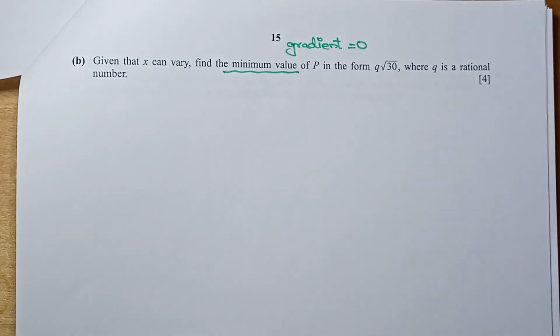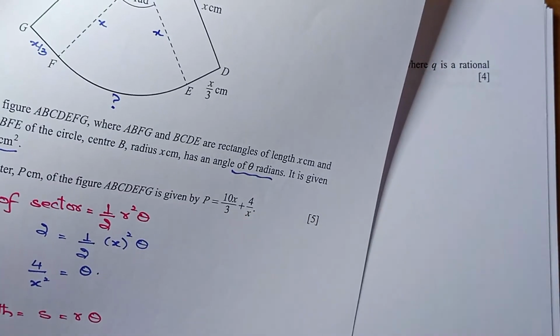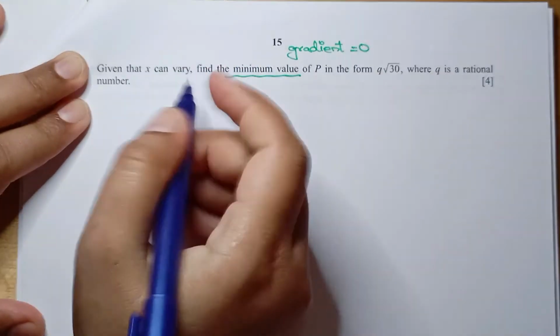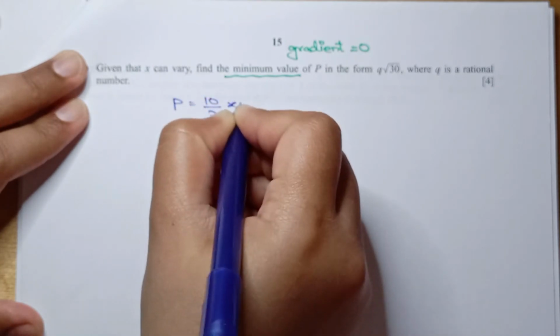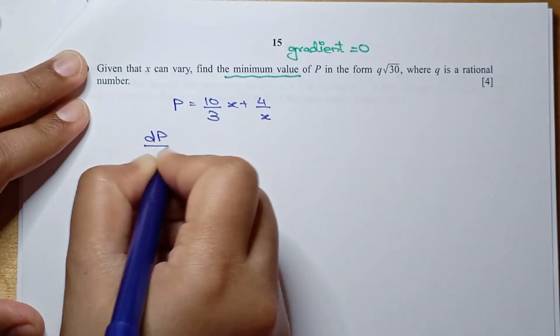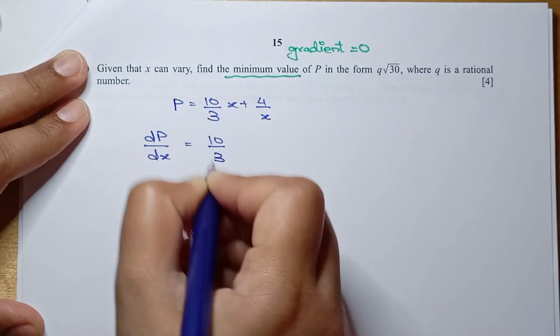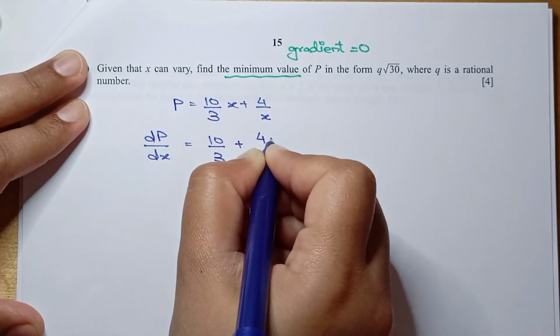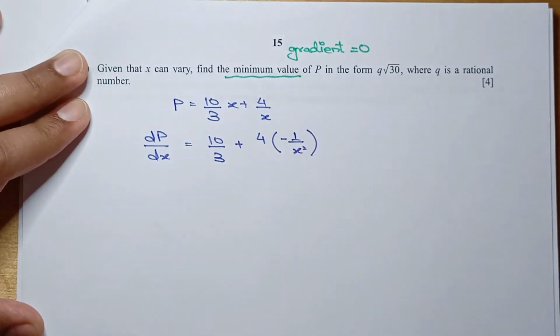So the value for p is 10 by 3 x plus 4 by x. Now the derivative of p with respect to x is 10 by 3, the derivative of x being 1, plus 4 times the derivative of 1 by x, which is minus 1 by x squared. Now we need to put that equal to 0 to find the maximum or the minimum.